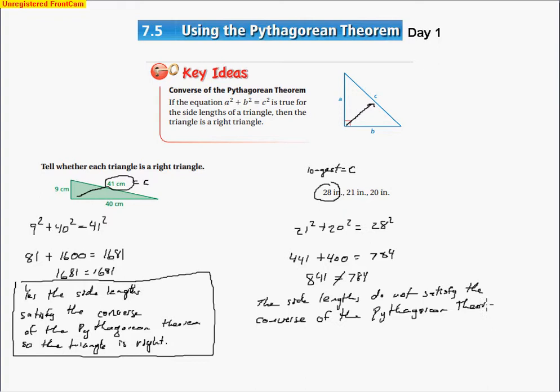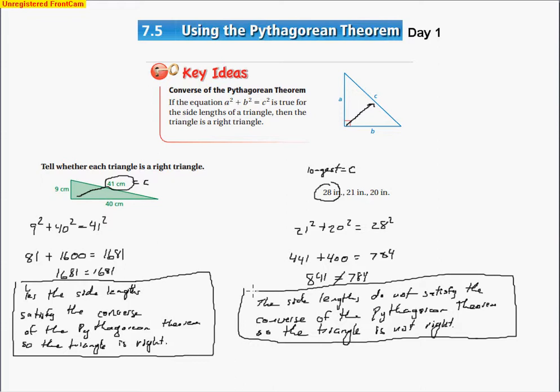So the triangle is not right. And that'll be our phrase for if one is not right.